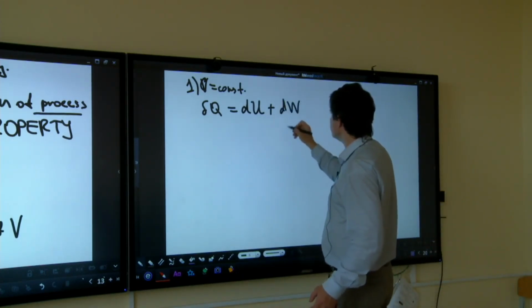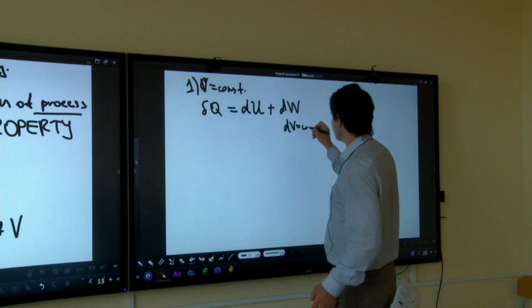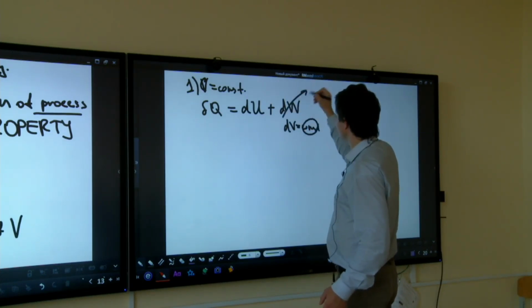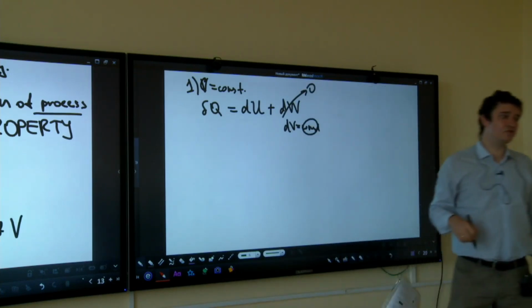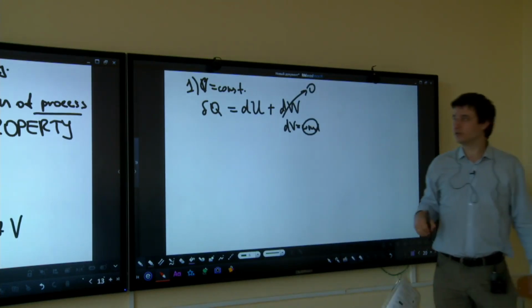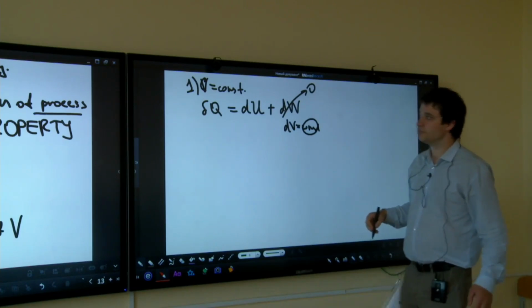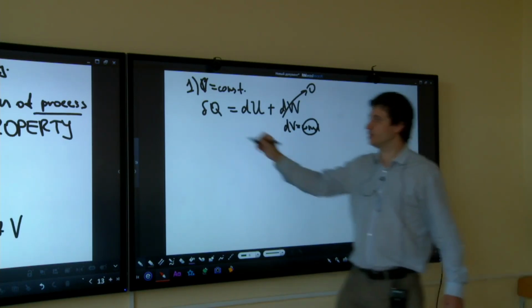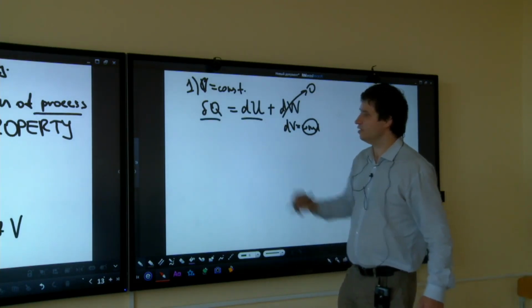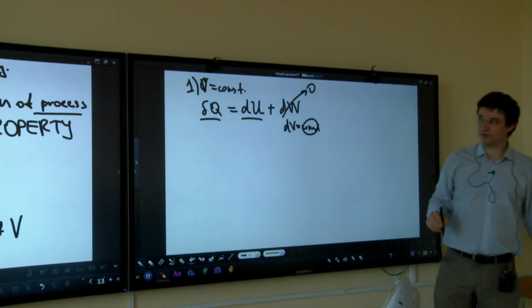But since dV is zero, there is no work being done in this process. No work being done. So the amount of heat equals the increment of the internal energy.